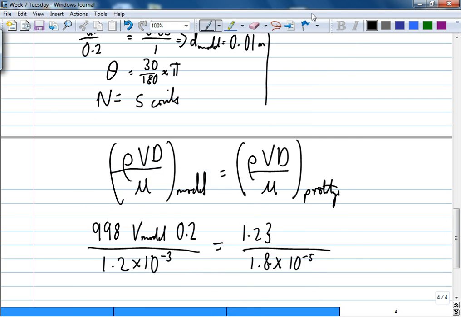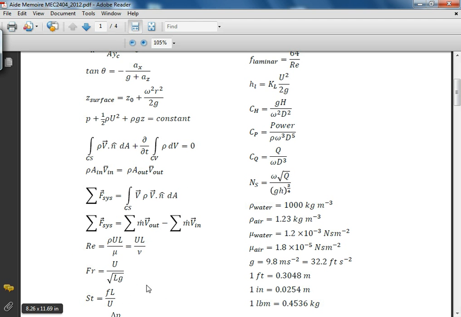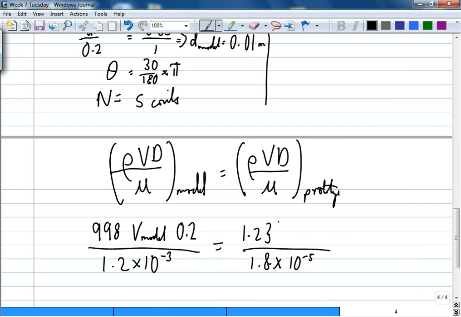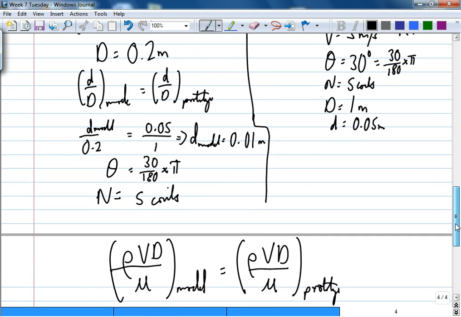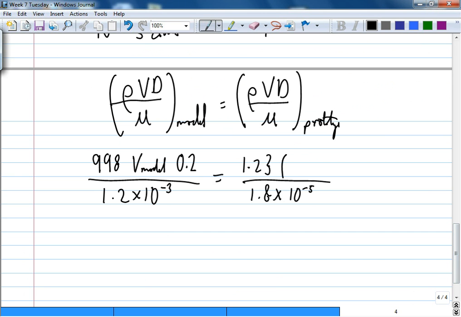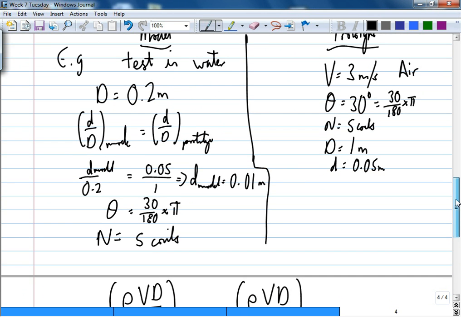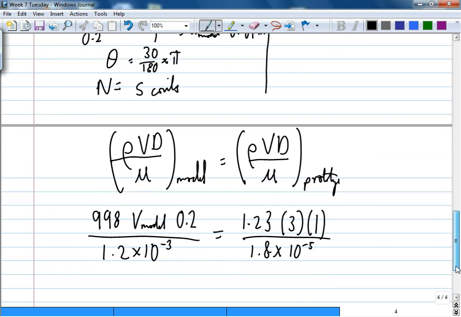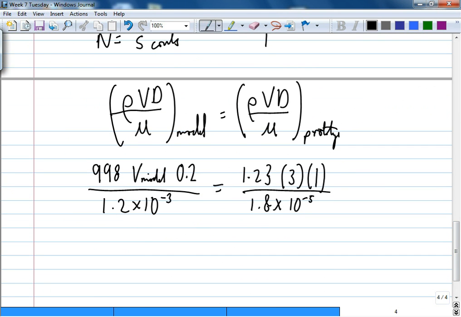Correct. Velocity was given as 3 meters per second, diameter 1. So from here, to match the Reynolds number, we can find the velocity of the model.